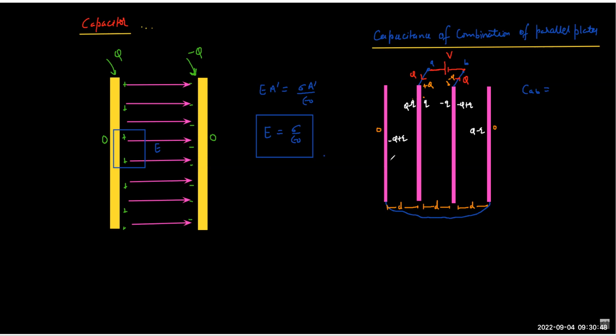So this we can write as minus of Q minus q. This is a better way of writing. Now let's represent the field between the plates one by one. For the leftmost pair, the field will be like this, if I choose this as positive and this as negative.